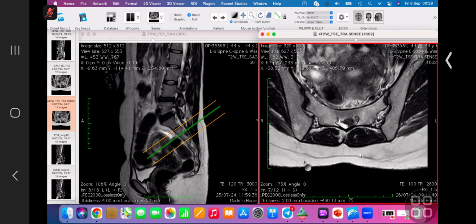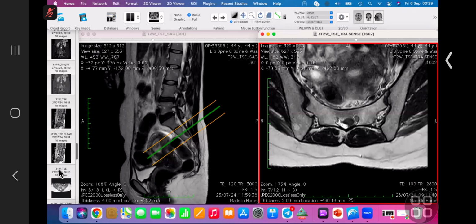Okay, what do you want to do next? What's your differential for this case? I want to see the rest of the sequences and also the post contrast for better evaluation.